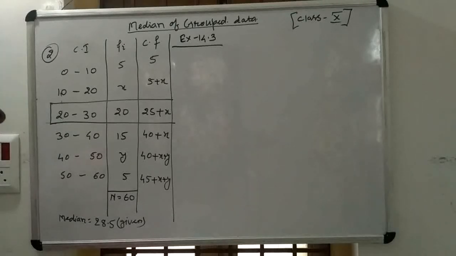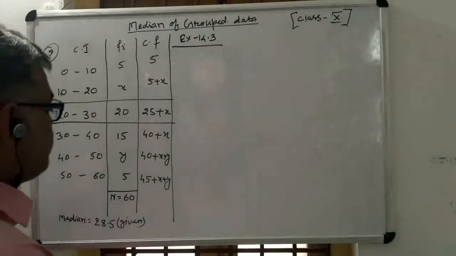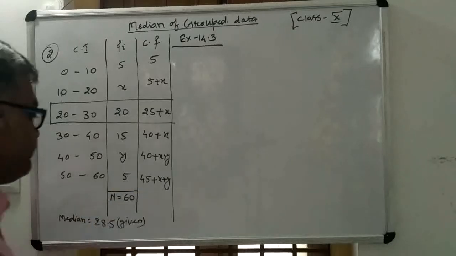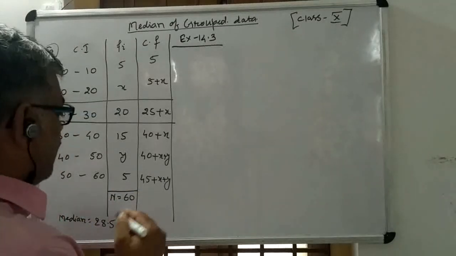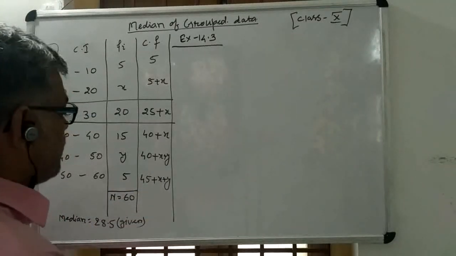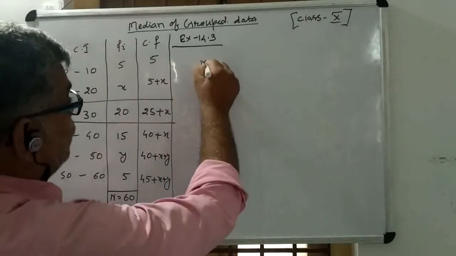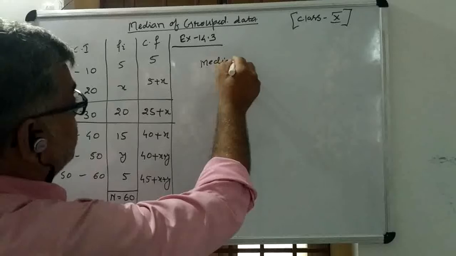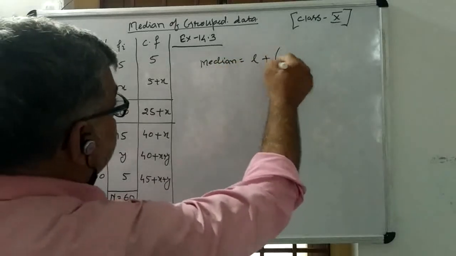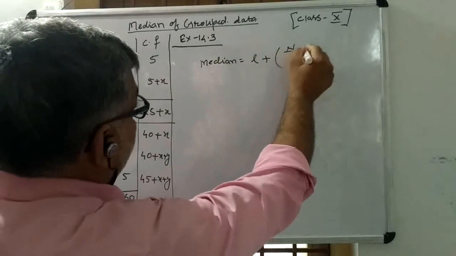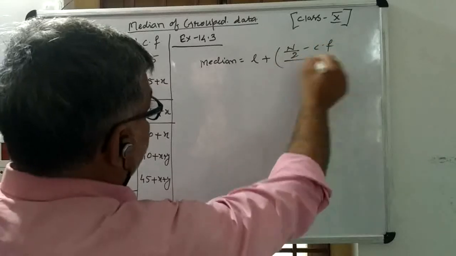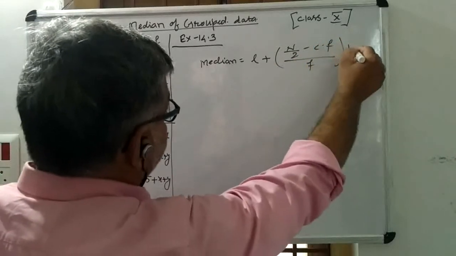Now children, apply the formula for the median. Median equals L plus n by 2 minus CF, divided by f, into h.